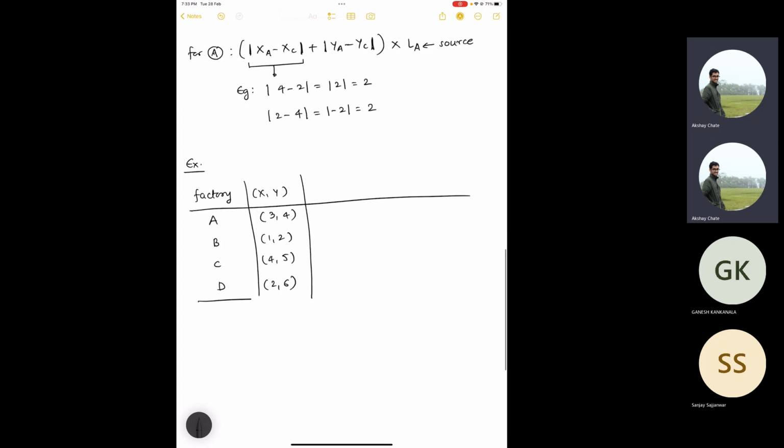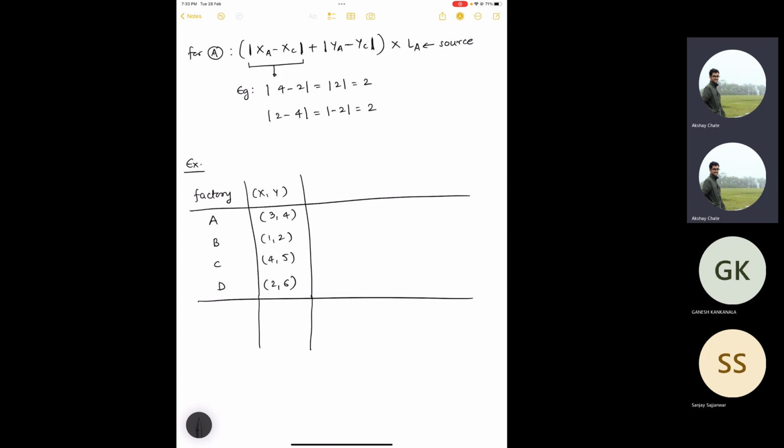And now you have two options. Usually there are two ways to do it. People take the destination separately, or people take the destination as one of the factories itself.